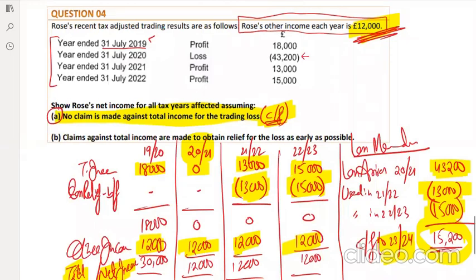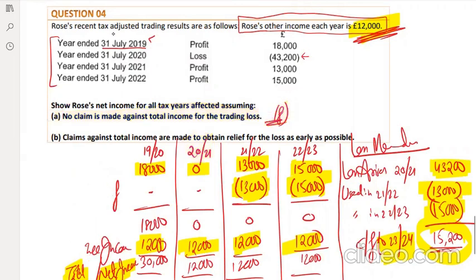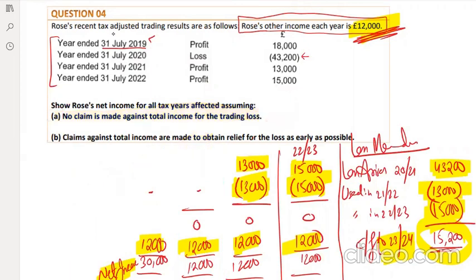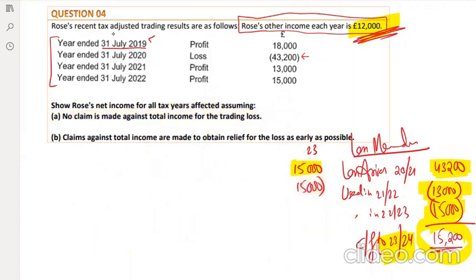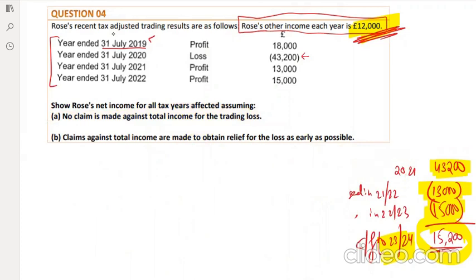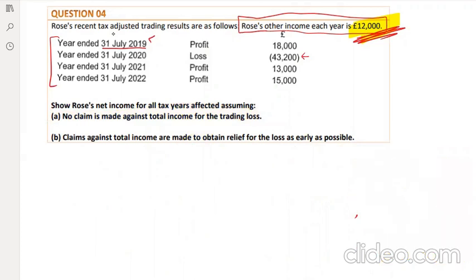Now in this question, we are going to do the second requirement. Please read the second requirement. What is it asking? Claims against total income are made to obtain relief for the loss as early as possible. Just note it down. As early as possible is the hint by the examiner.